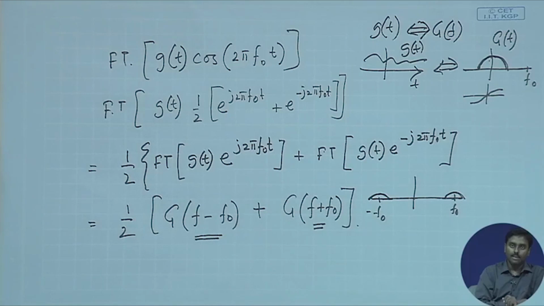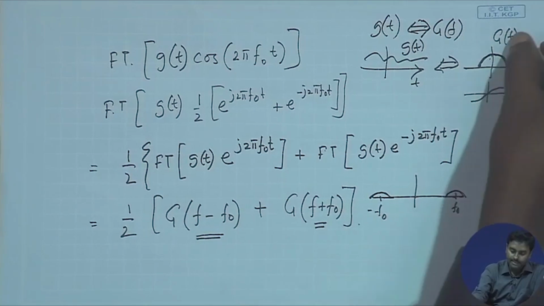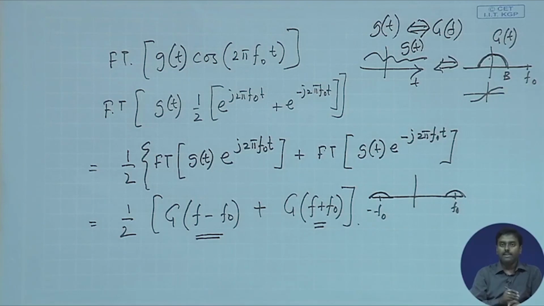What I know about the signal is that if I see its spectrum, or spectral density G(f), beyond some value B it either completely vanishes or diminishes to an insignificant level. Then we say that this particular signal does not contain any higher frequency component beyond some value B.